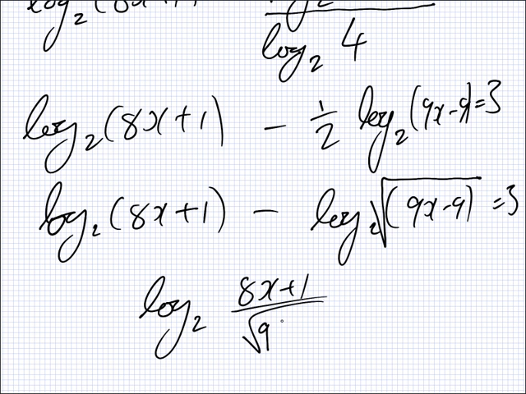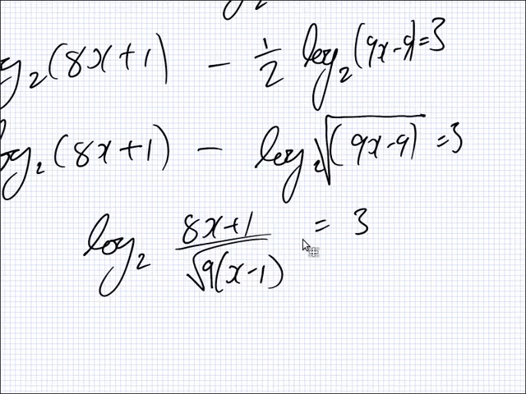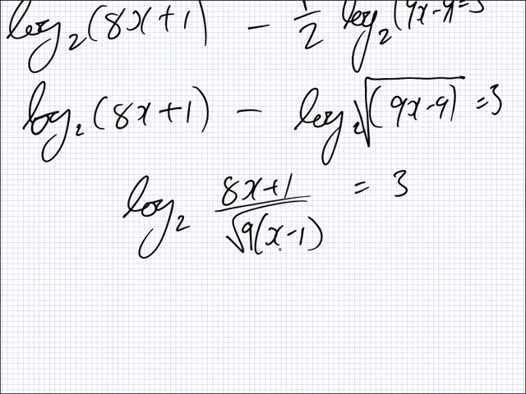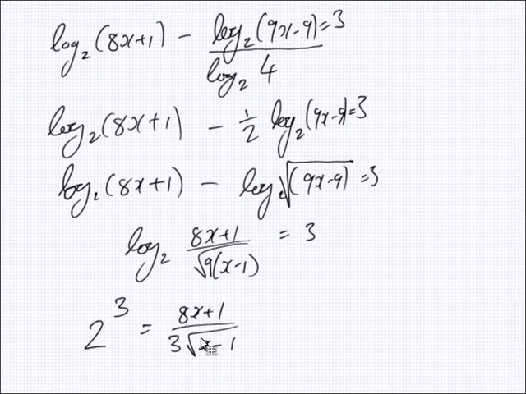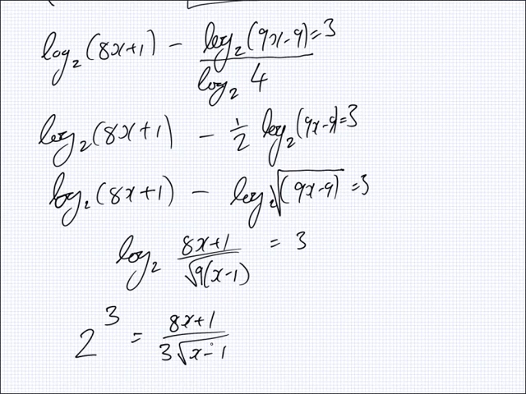I'll take the 9 out actually. Now, do you remember what the meaning is here? 2 to the power of 3 equals (8x plus 1) over the square root of 9x minus 9. It's just rearrangement. Right, now what should I do next?